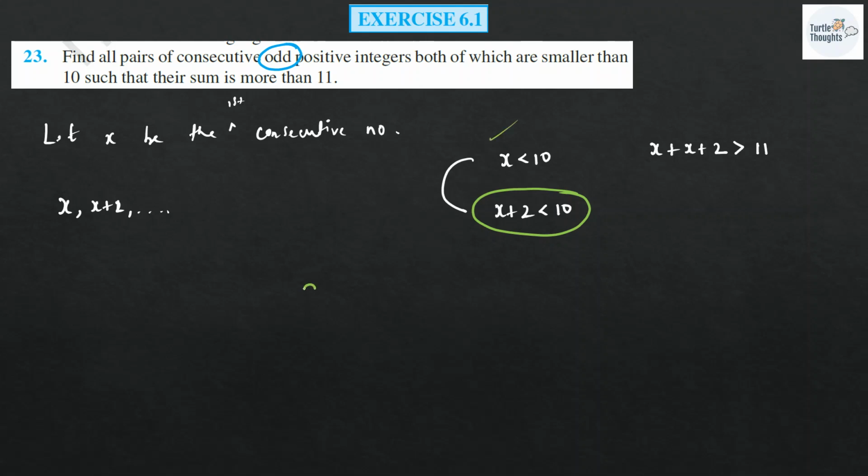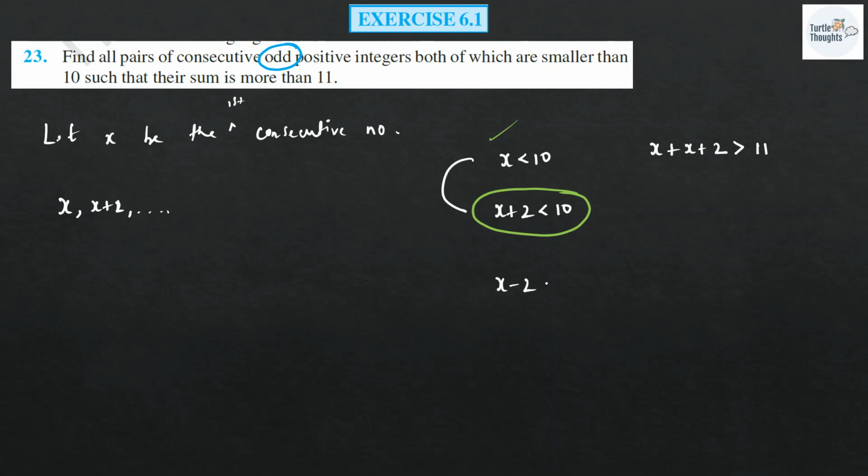For example, if x plus 2 is equal to 9, in that case of course x is going to be 7, and 7 is going to be less than 10 as well, right? So you consider the second one over here. If it was x minus 2, in that case you should have considered which one?